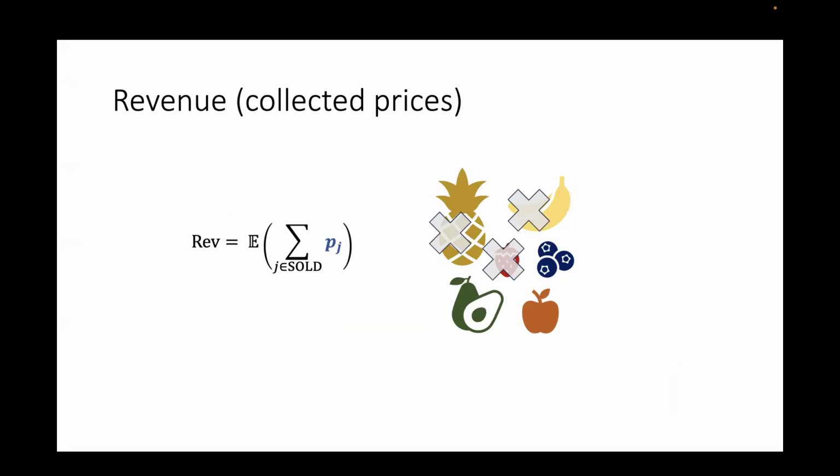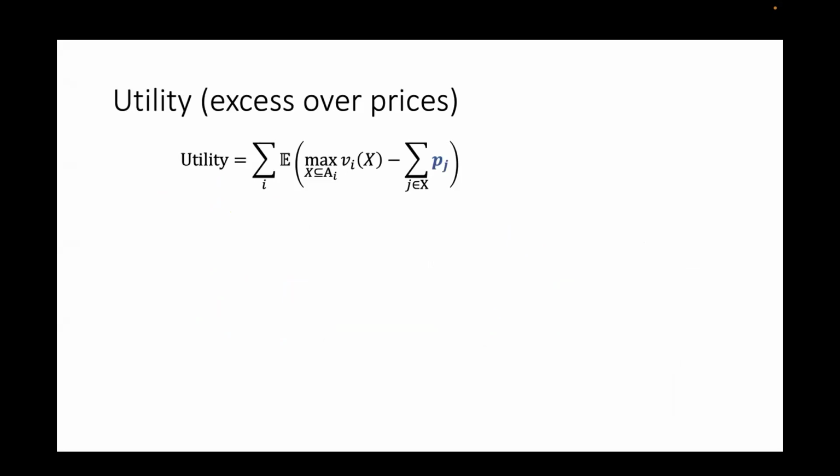So in this balanced prices idea, we want to balance the revenue with the utilities. The revenue is just the sum of the prices of the items we sold over the execution of the algorithm. And then the utility is the excess over price.